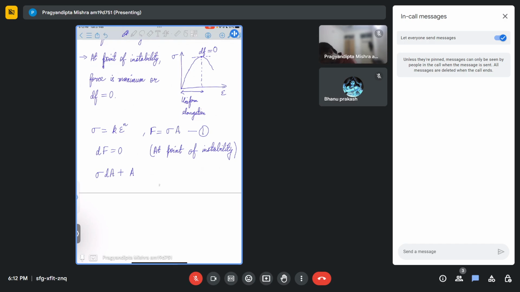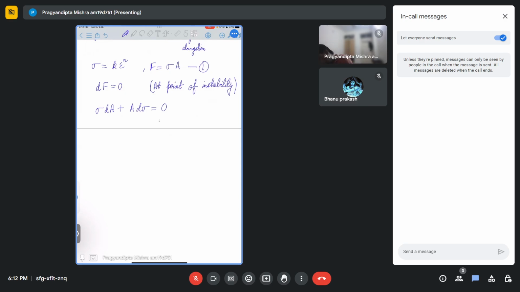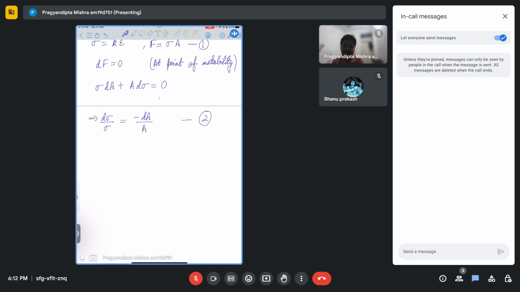Sigma times A. Okay, sigma times dA plus A times d sigma is equal to 0. So this is something that we can immediately write. Now rearranging this, we will get a relation like d sigma by sigma is equal to negative of dA by A. Right? So let's represent this by equation number 2.